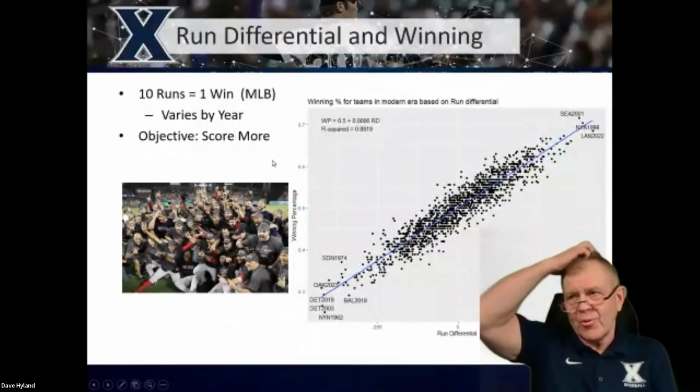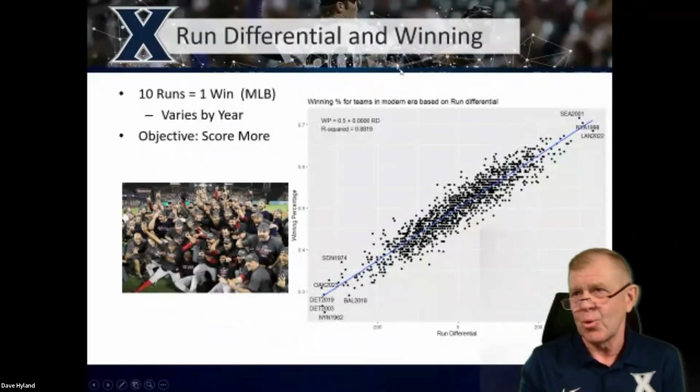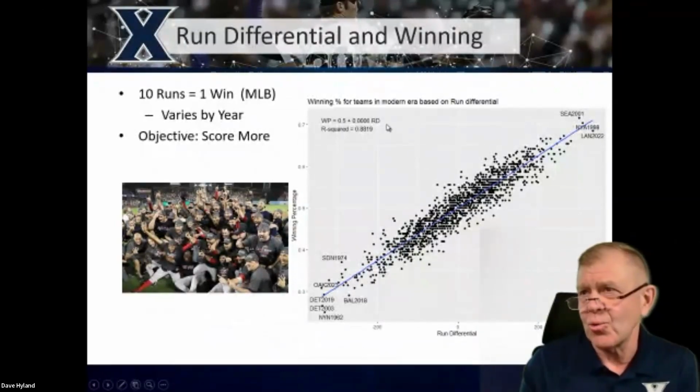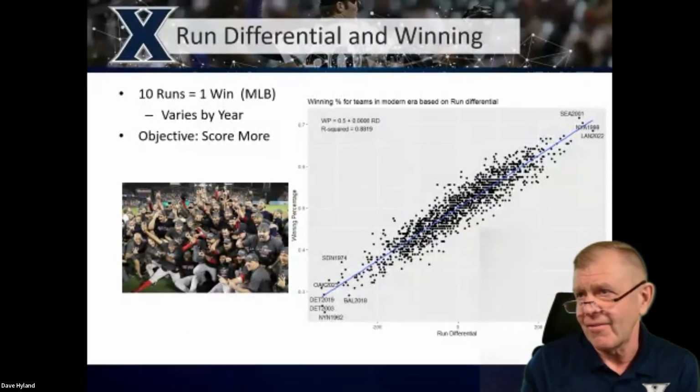If we take it further, if we look at run differential, it means a lot more, right? When we look at run differential, we get an R squared where the model explains 88% of winning percentage.